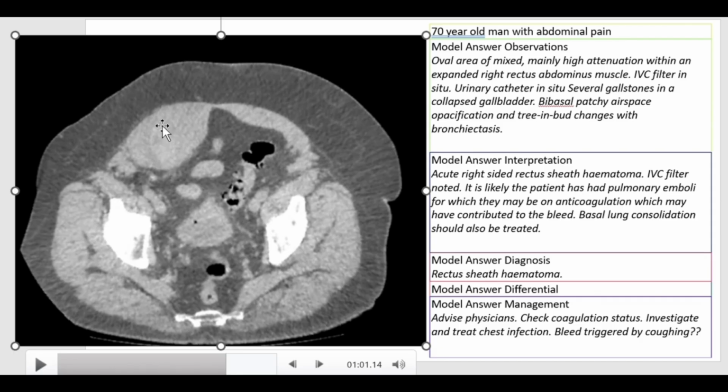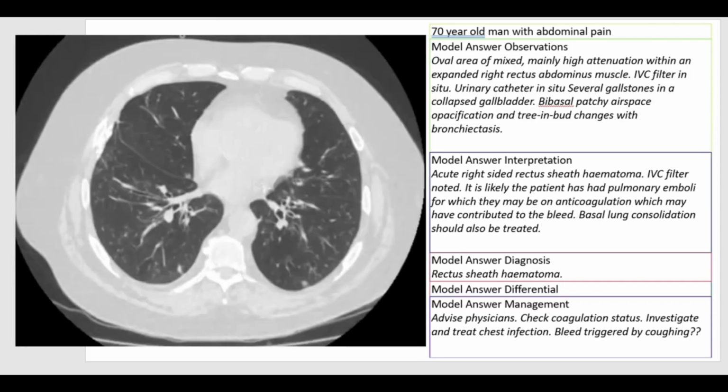So this high attenuation lesion is most likely an acute right-sided rectus sheath hematoma. So the diagnosis here is rectus sheath hematoma.